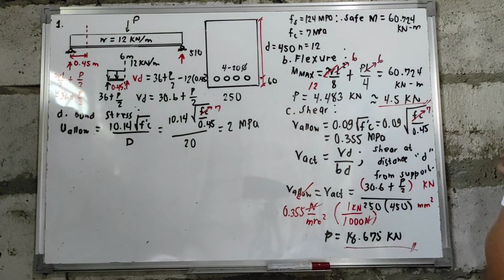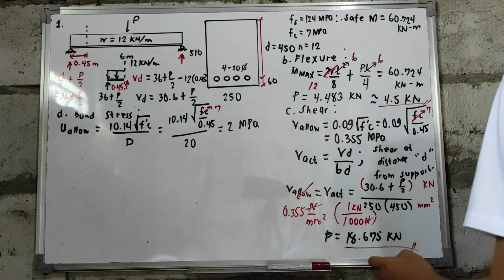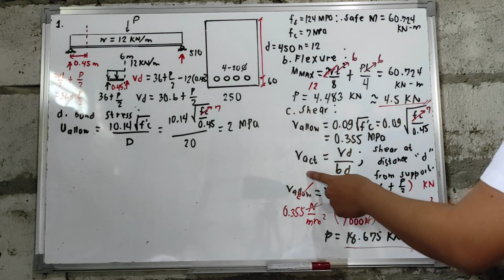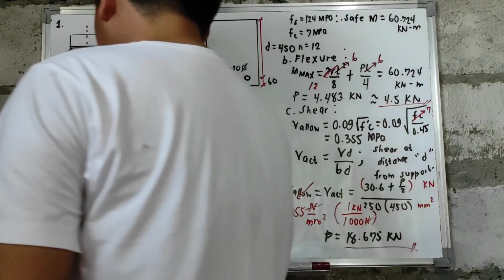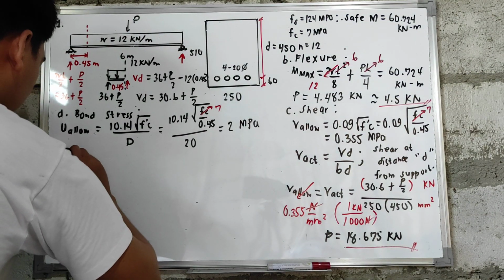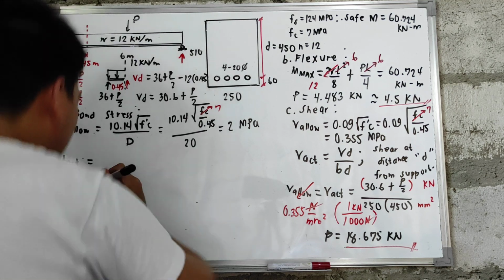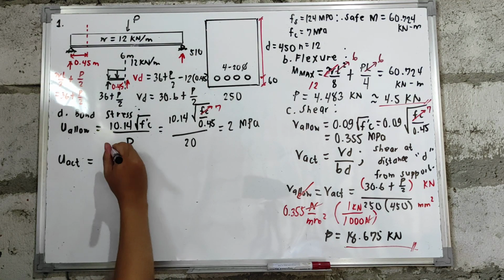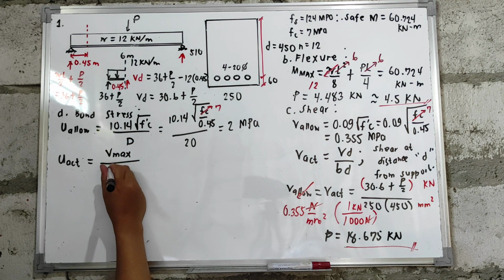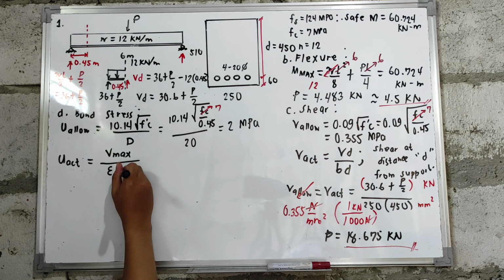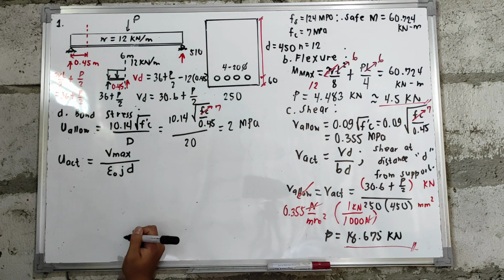Next, we have now obtained the allowable. Same as in shear, we will get our actual bond stress, or what we call U actual. Our U actual is Vmax over epsilon O multiplied by JD.